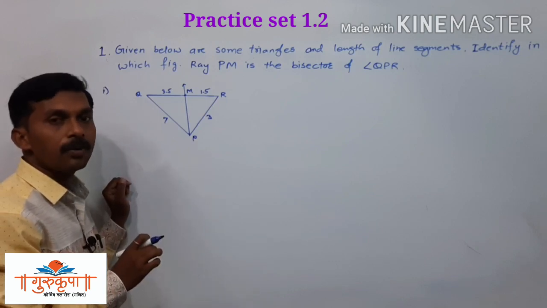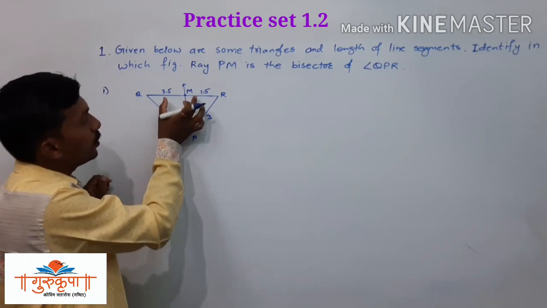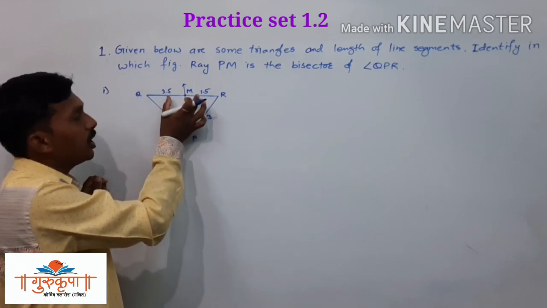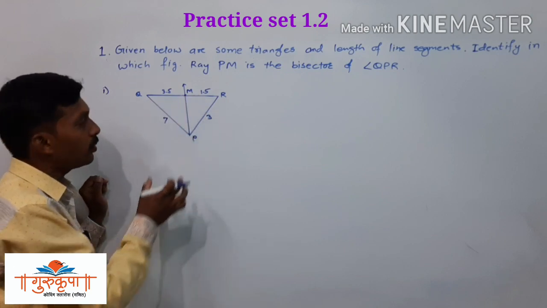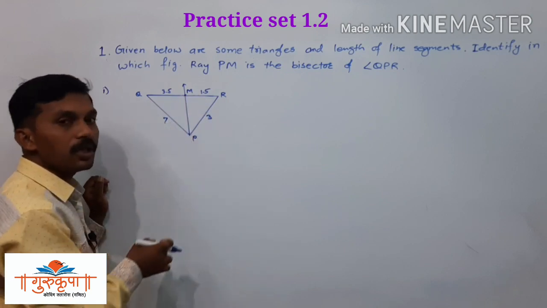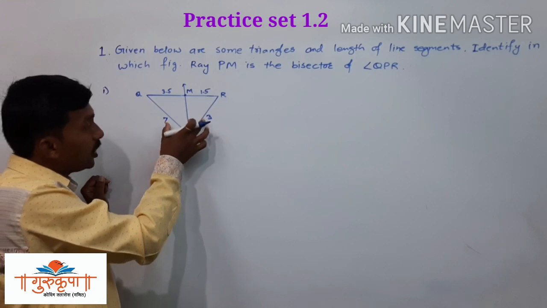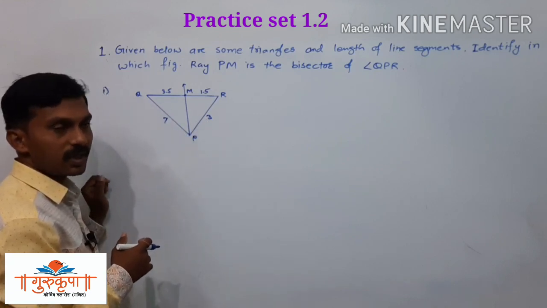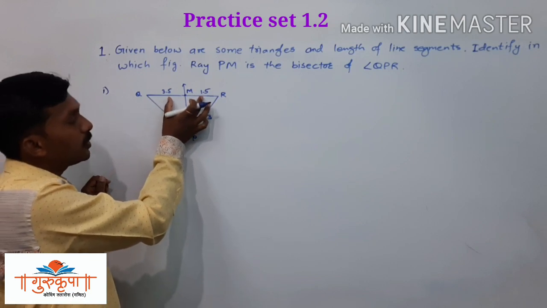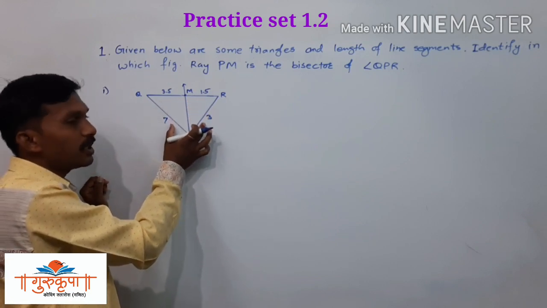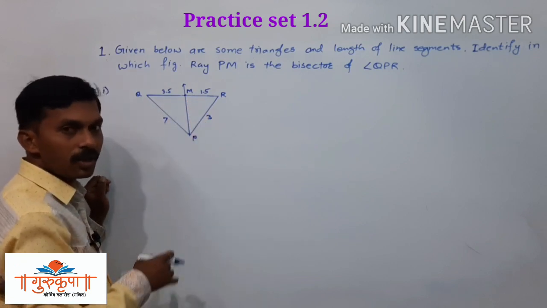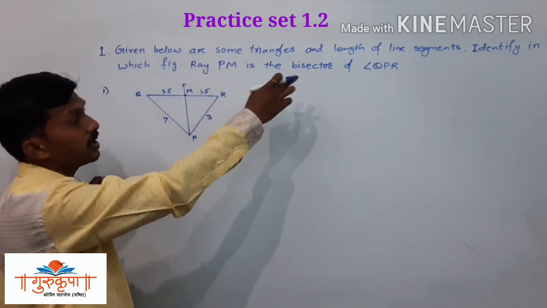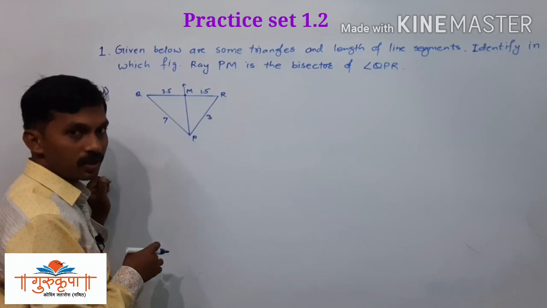We have to decide whether the ratio of the intercepts of the opposite side is equal to the ratio of the remaining two sides or not. If the ratio of these two intercepts and these two remaining sides are equal, then we are able to say that PM is the bisector of angle QPR.